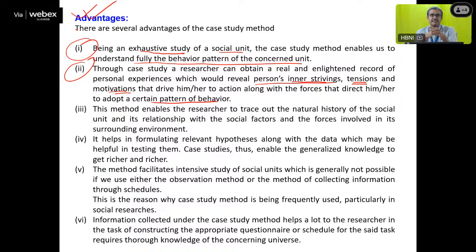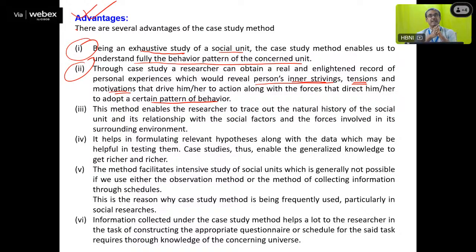You can draw many inferences, like the person's inner strivings, tensions, under what conditions he becomes tense, what the motivations are that drive him to act, and also why and under what situations he or she adopts a particular behavior pattern, anger or resentment, a negative pattern, or a positive pattern, like joy or equanimity.